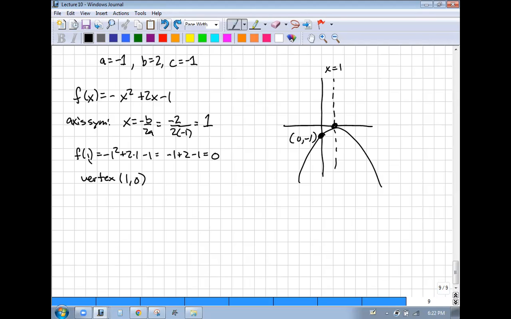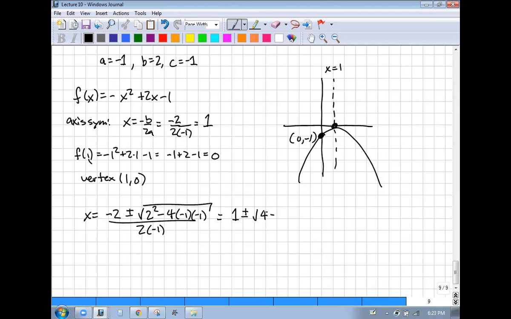Let's see what it would say. Here's where my x-intercepts are. Negative b plus or minus the square root of b squared minus 4ac all over 2a. Negative 2 over negative 2 is just 1. 2 squared is 4.